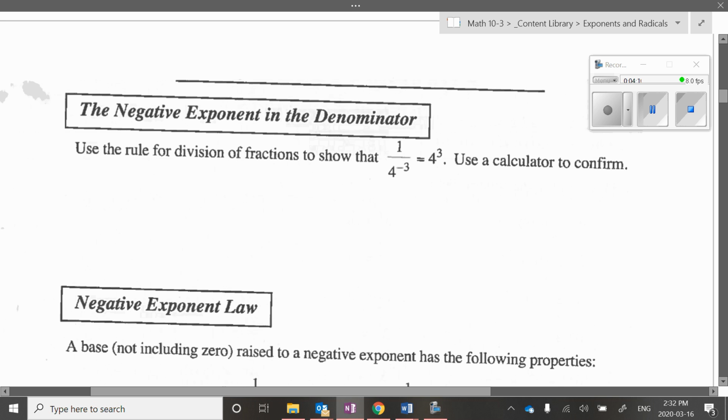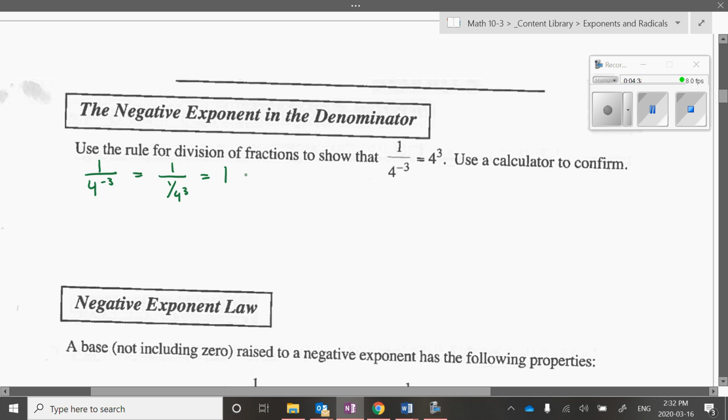Show the rule for division of fractions to show that 4 to the power of negative 3 is equal to 4 cubed. You can confirm with the calculator, but what this is getting at is actually going through that process. So right now we have 1 over 4 to the negative 3. So that's in my denominator. So we still have 1 over a fraction now. When we divide fractions, we multiply by the reciprocal.